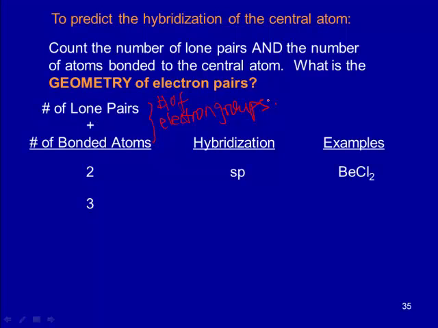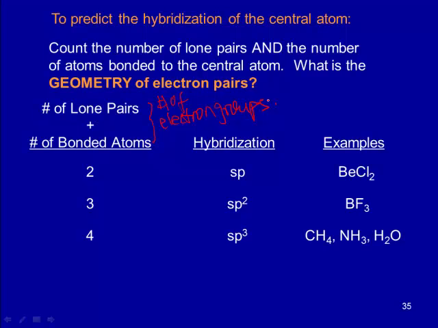And now the number of bonded atoms, we move it up to 3. Hybridization will be the sp2. We have all these explanations with the examples. Now you should be really understanding it very well. So in this case, it's boron trifluoride. If you have 4, you can have sp3, and you can have all kinds of molecules that will have the number of electron groups equal to 4.